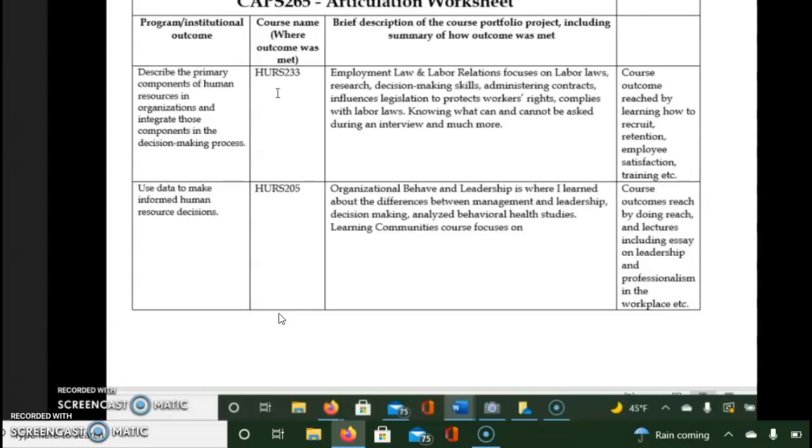Where I learned about different differences between management and leadership.